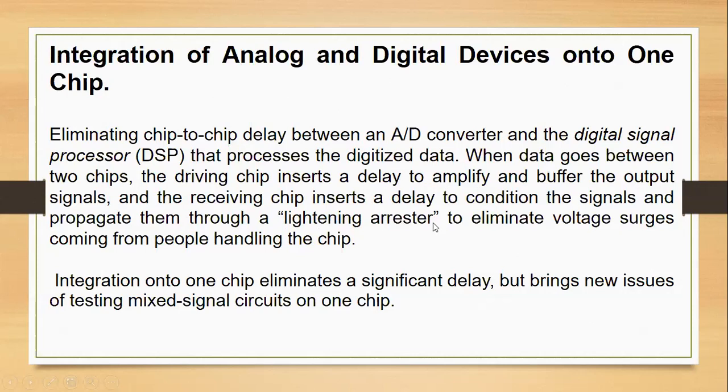The unit has to get the interrupt of the delay operation, and this leads to voltage surges, which are changes in the voltage that can lead to a change in the chip operation. Integration onto one chip eliminates a significant delay, but brings new issues in testing mixed-signal circuits on one chip.